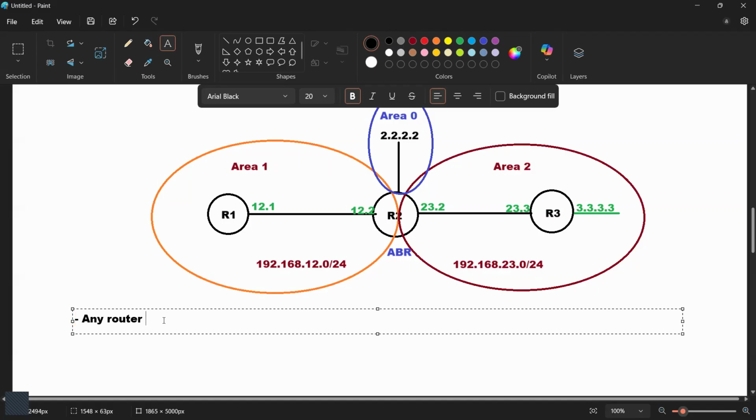So any router that has at least one of its interfaces in area 0 is known as ABR.